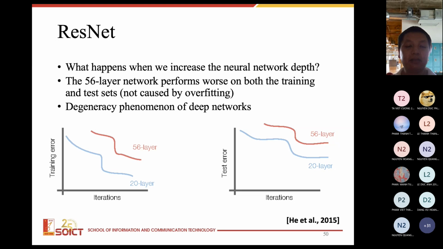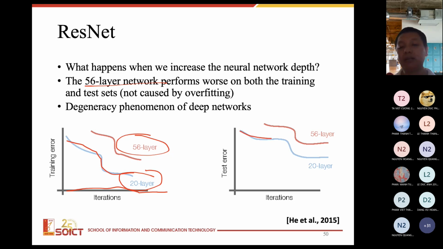For example, here is a test with a network of 56 layers, and from this depth people observed that even when we increase the number of iterations, the training error of that very deep network is worse than the training error of the smaller network, and this error exists even for the test case.